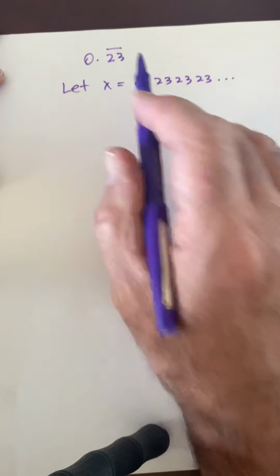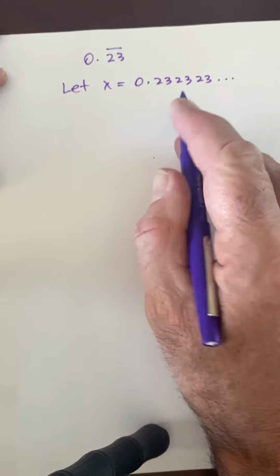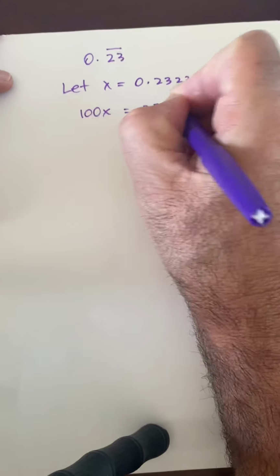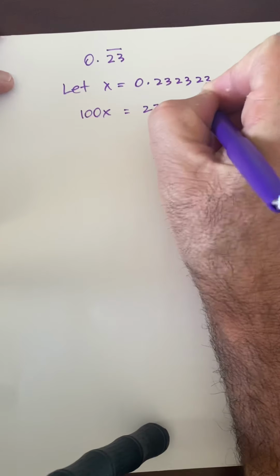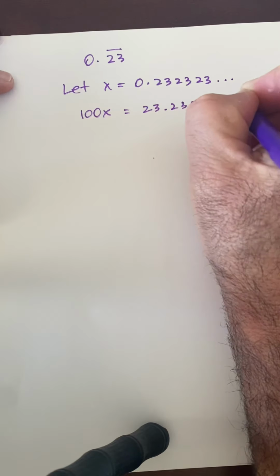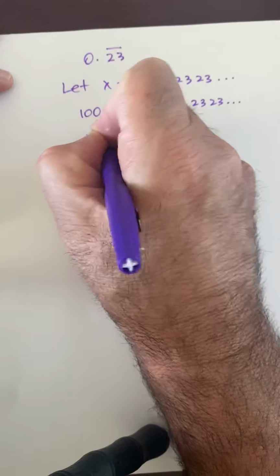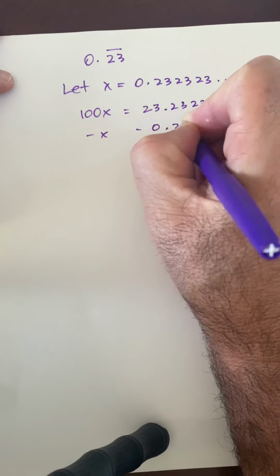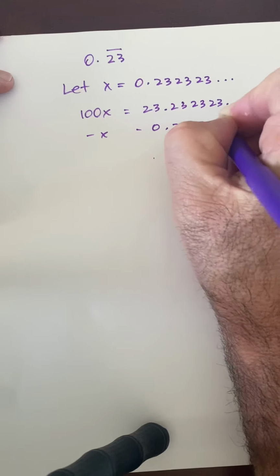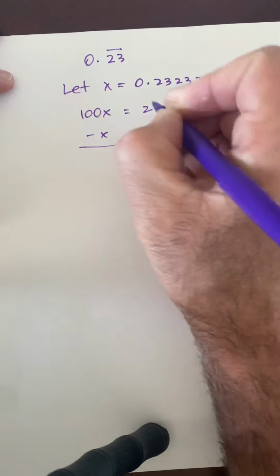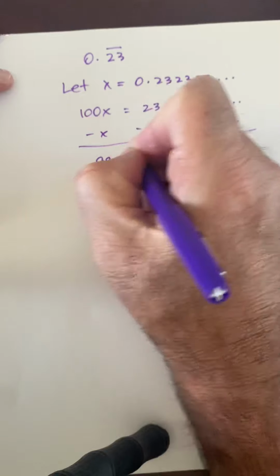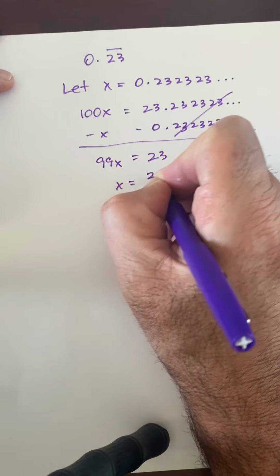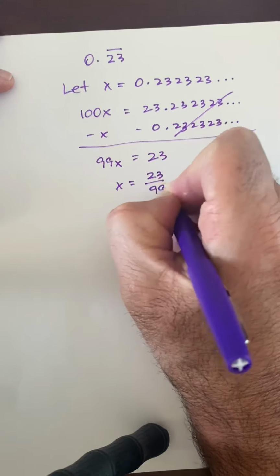Two digits repeat, some of you already guessed it, we multiply by 100. So it becomes this: 23 repeating, 23 repeating, 23 repeating, dot dot dot. Subtract x, subtract the repeating part, like so. 99x equals 23. So x equals 23 over 99.